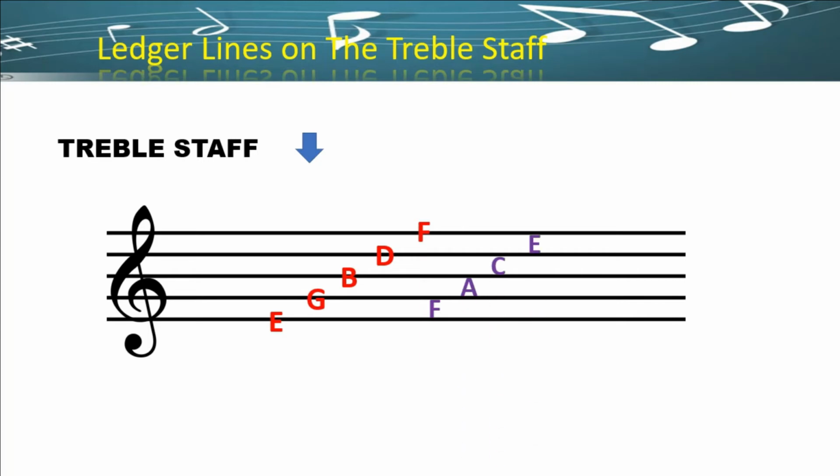We need this knowledge to help us navigate the ledger lines, because if you are struggling to master the names of the lines and spaces of the treble staff, it might be difficult for you to easily find the ledger lines.